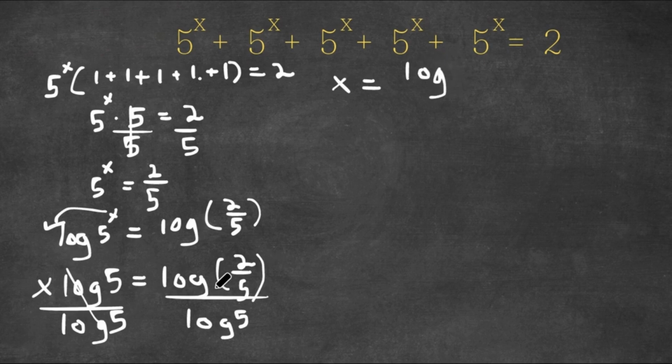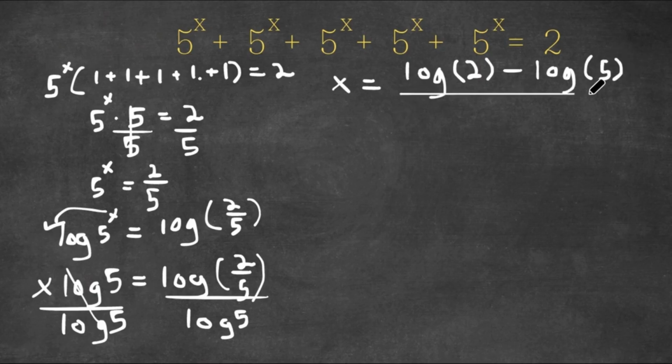And an important property of logarithms is we can rewrite a fraction as the numerator, so log 2 minus log 5. And now we are dividing this by log 5.